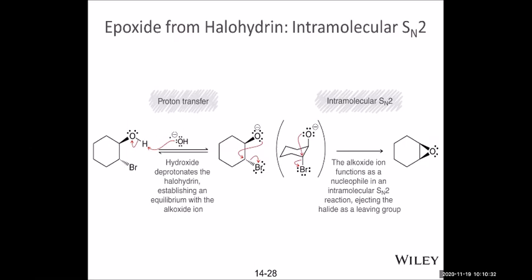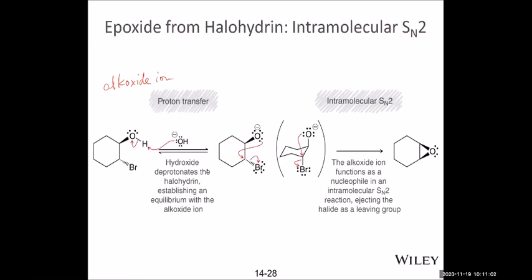But after it is partially deprotonated by the hydroxide ion in the solution from the sodium hydroxide, it can take away the proton, turning the oxygen to a negative charge. And once the oxygen becomes negatively charged, the entire thing becomes an alkoxide ion, which is a much stronger nucleophile.